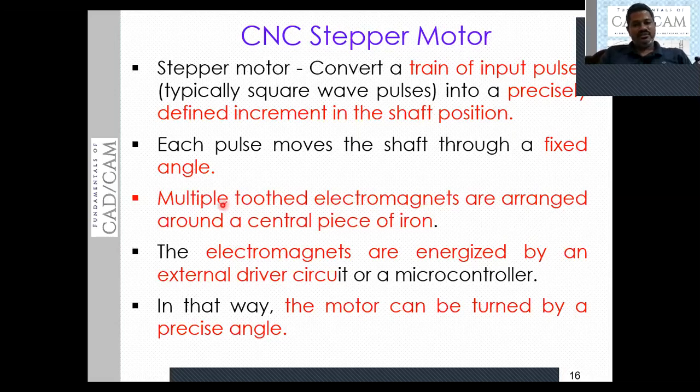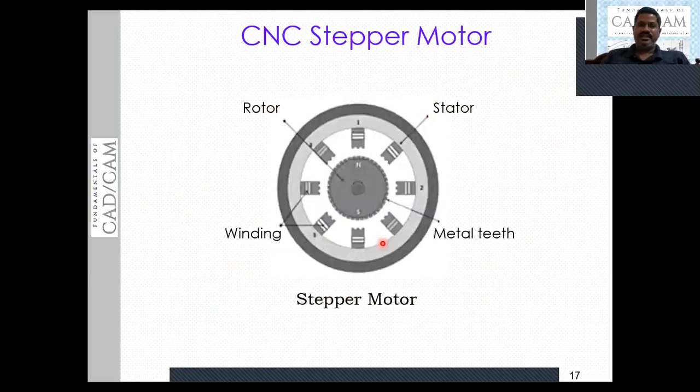So the function of these multiple teeth is that they are going to generate the pulse signal. According to the pulse signal, the rotor is going to rotate. Let us see the figure exactly. Here you have a rotor and you have a stator here. It is stationary.